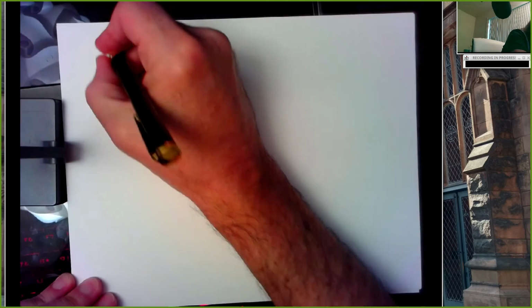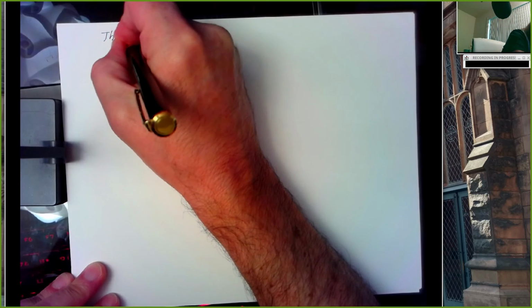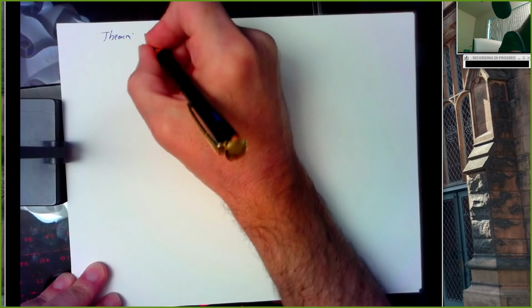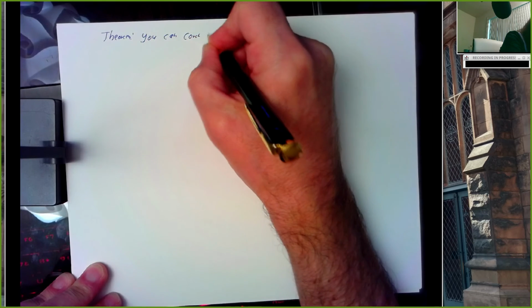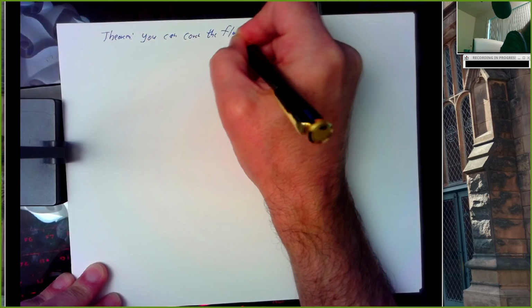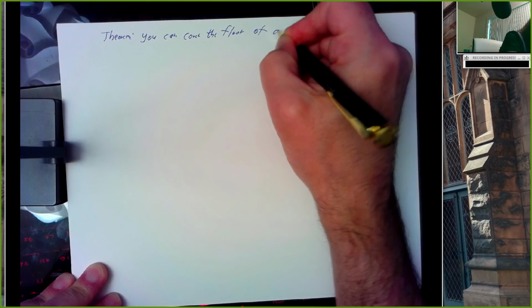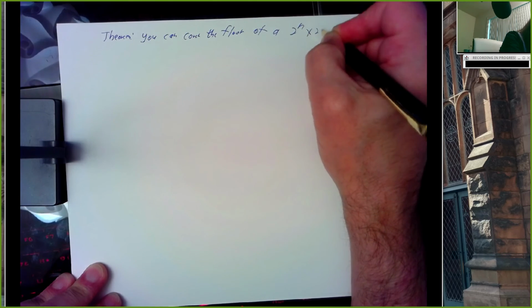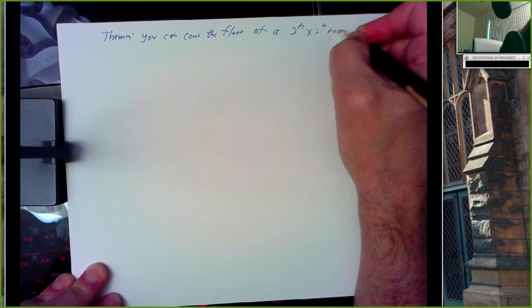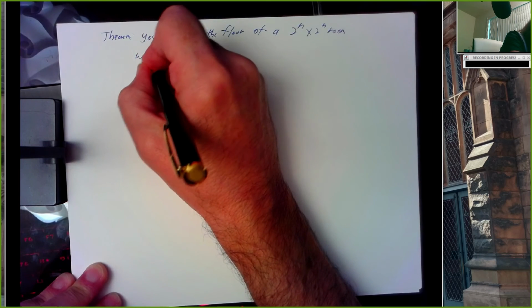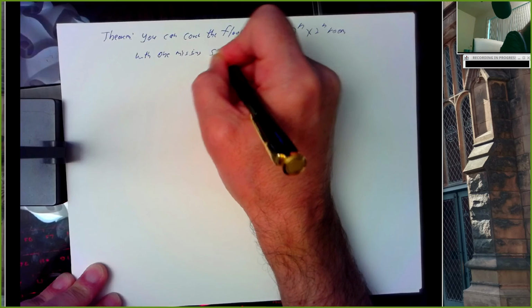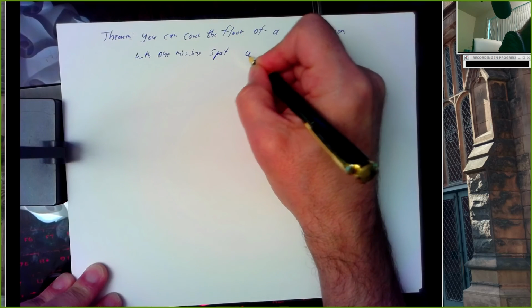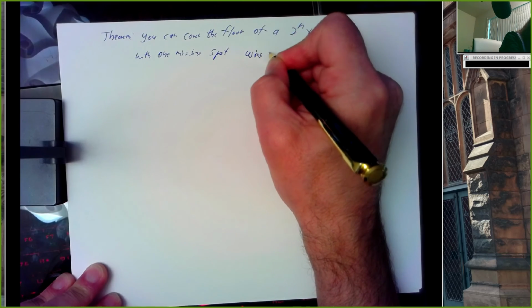And so there's a theorem which says you can cover the floor of a 2 to the n by 2 to the n room with 1 missing spot using L-shaped tiles.